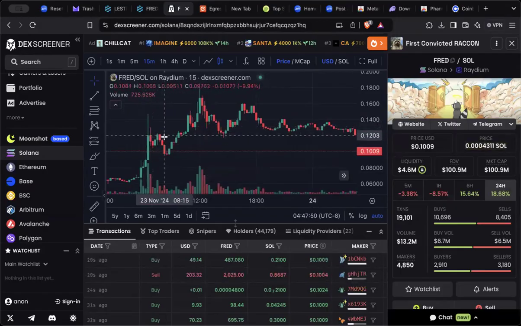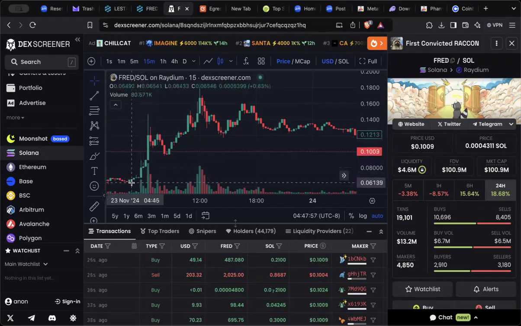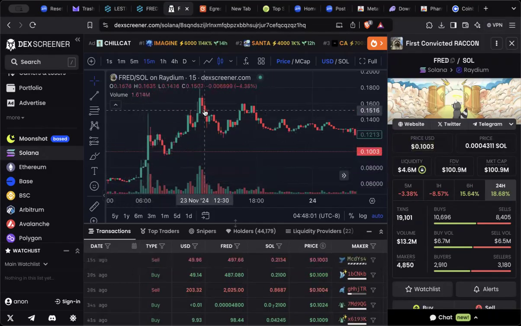What I mean by higher high, that means it's gone up. And then when it's gone down, it hasn't gone past where it was low. So that's called a higher low. So higher high, higher low, and so on. But it's nice and consistent.